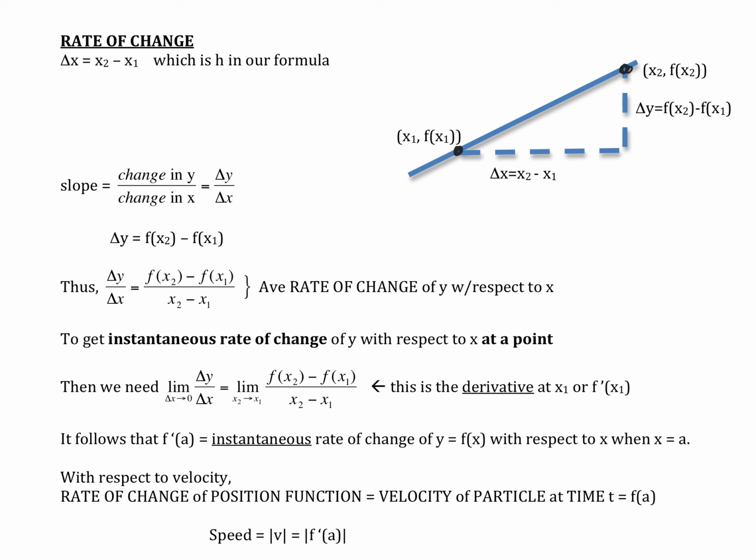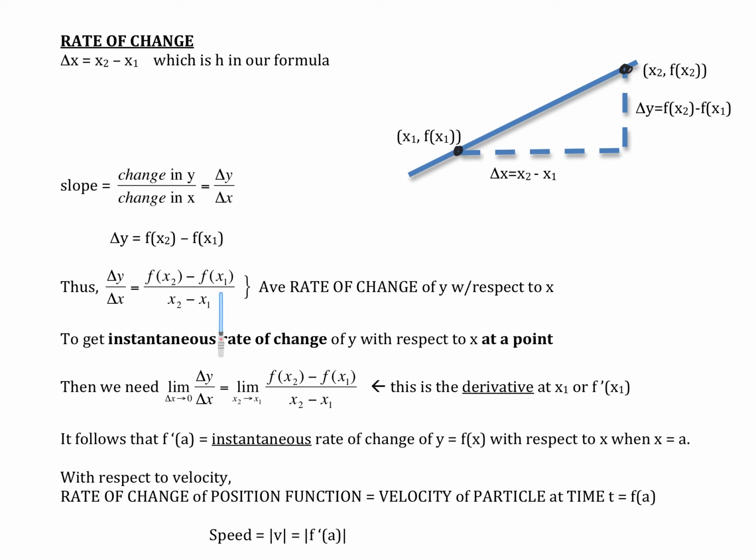So that means our delta y would be right up here, which is f of x2 minus f of x1. So the slope is the change in y over the change of x. You've learned this basic concept many, many years ago of the slope. So delta y over delta x, change in y over change of x, is the slope. Delta y, we said, is f of x2 minus f of x1.